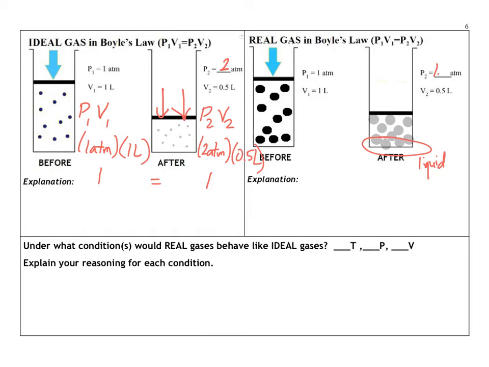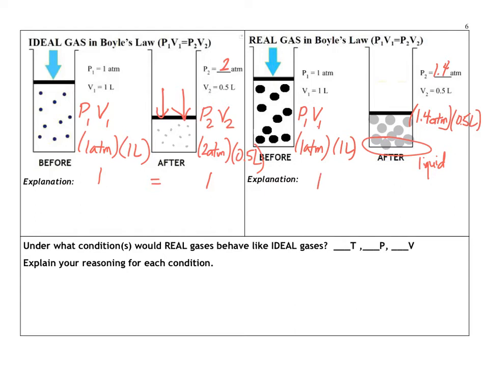So I'm going to pick any number and make it an even fraction of some sort. So 1.4, for instance. So when we multiply P1 times V1, 1 atm times 1 liter, and then we multiply P2 times V2, we notice they are not equivalent.